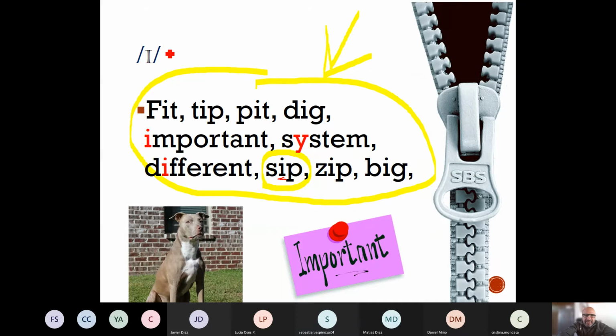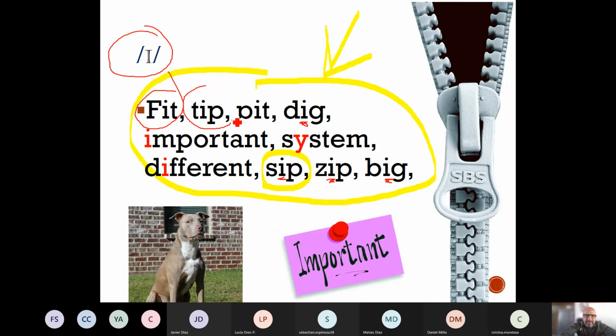So this sound is that one, right? Sip. Sip is zip. And this one is sip. Yes. This one is zip. This one is big, dig. Okay. All right. So can you repeat these words, please?